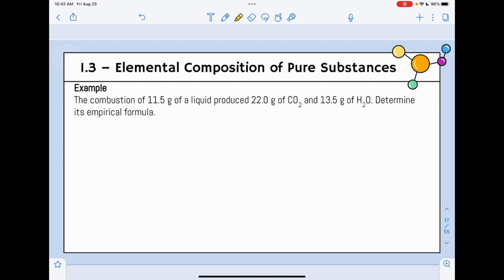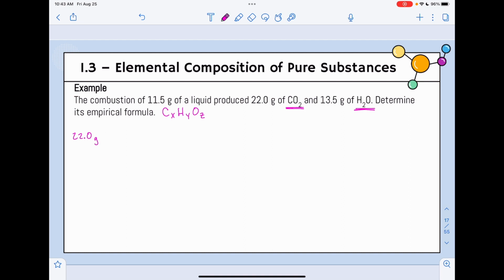So because this reaction produced CO2 and water, we can assume that this has the generic formula of CxHyOz, because the law of conservation of mass says that what we end with is what we have to start with. So if we end with carbon, oxygen, and hydrogen, we have to start with carbon, hydrogen, and oxygen. So we're going to use carbon dioxide and water, and then whatever's left to figure out what the formula is for this compound.